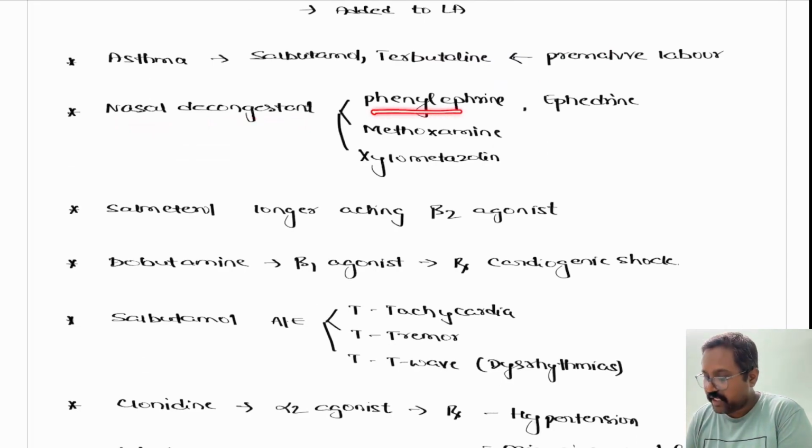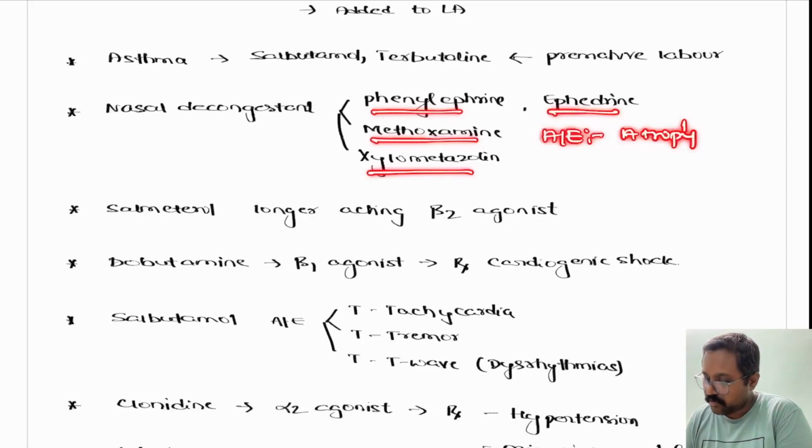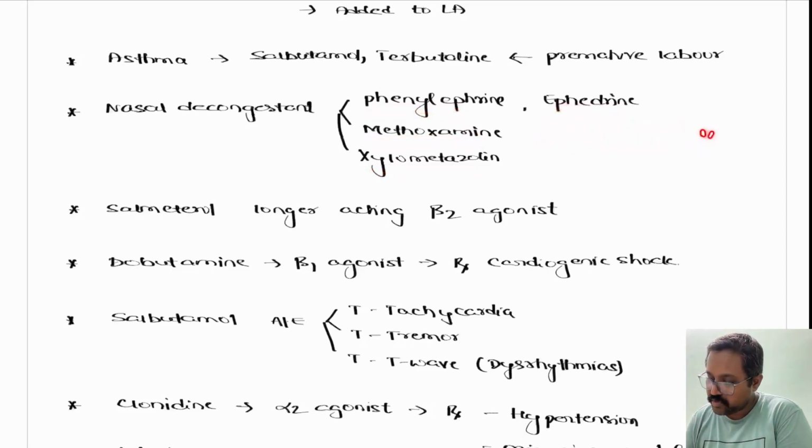We have phenylephrine, methoxamine, xylometazoline, and ephedrine. One of the adverse consequences of using nasal decongestants for a prolonged time is atrophy of the nasal mucosa, which leads to anosmia, loss of smell sensation.